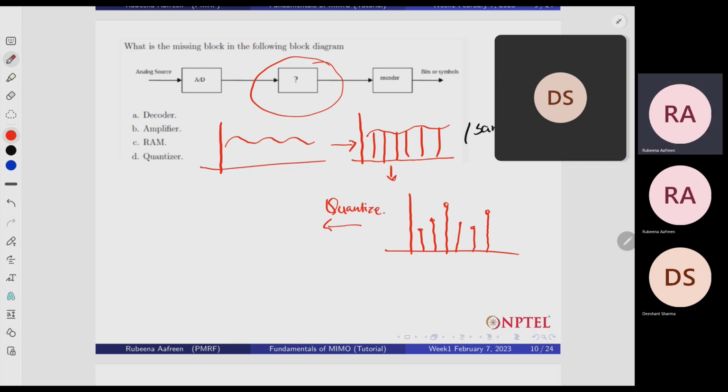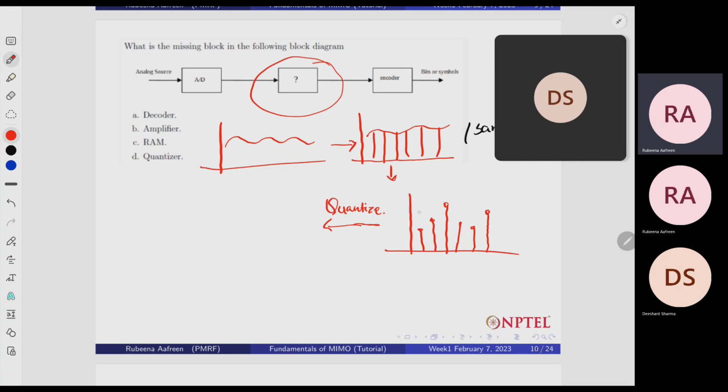So, in quantization, what we do is that we set some threshold levels, and according to those threshold levels, we assign these symbols, which are at random amplitude, to some of our known symbol set. We take this finite set, and then we assign these values to that finite set.